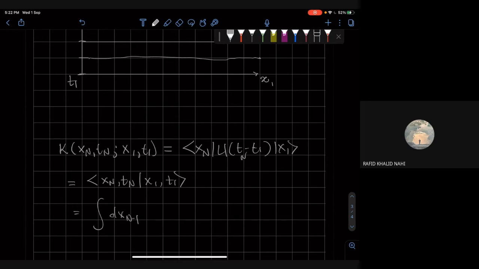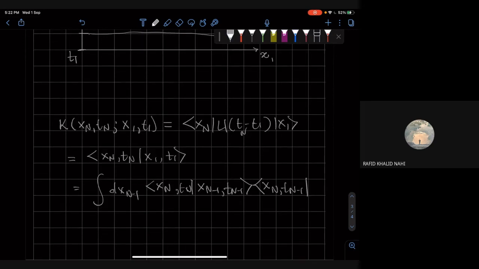So what we are doing is that we are inserting a complete set of states here. Okay, and then we are going to introduce another complete set of states, n minus 2, after this one. So this should be minus 2, right?